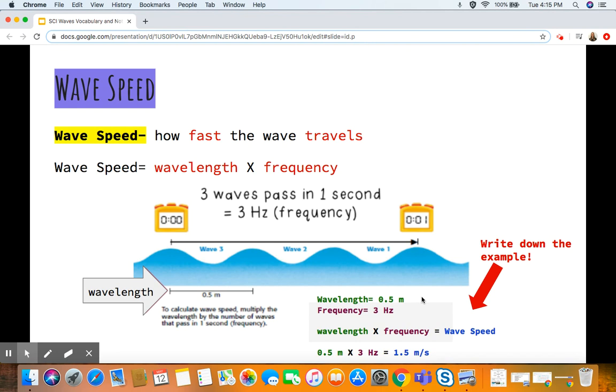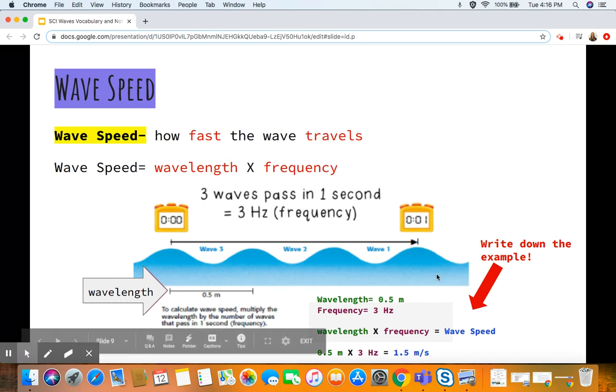So we plug in those numbers. 0.5 meters times 3 hertz equals 1.5 meters per second. So the speed of our wave is 1.5 meters per second. Remember, on your note sheet, you had to write down the red words, but you also need to write down this example. So look at your note sheet and fill this in.